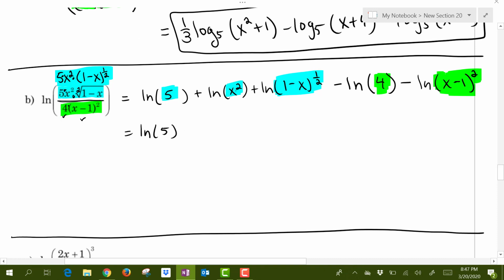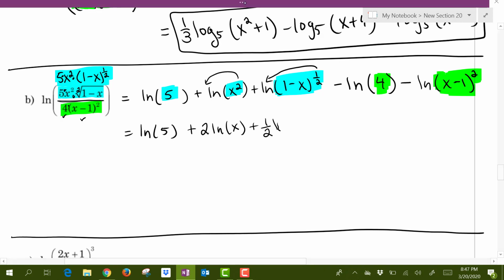So here I have all of my input for that second log raised to the power of 2, so I can bring that power out to the front of that log. For the third log, all of that input is raised to the power of 1/2, so I can multiply 1/2 out front of that ln.